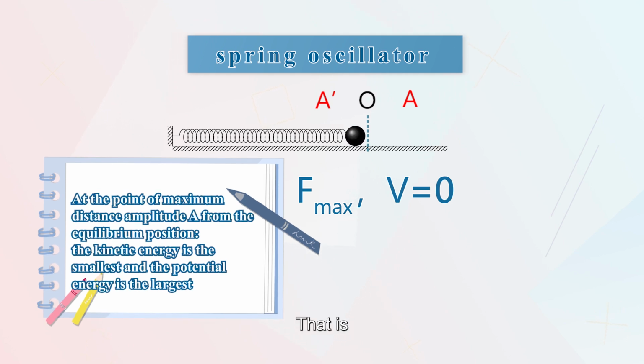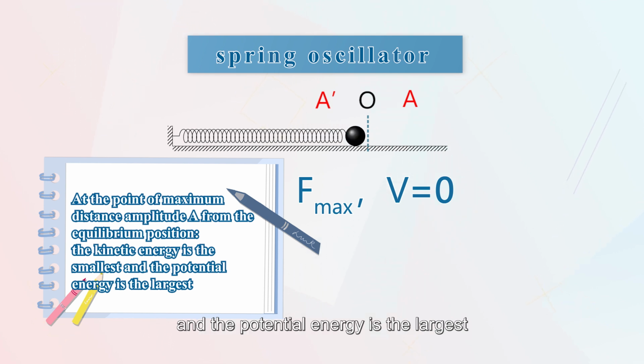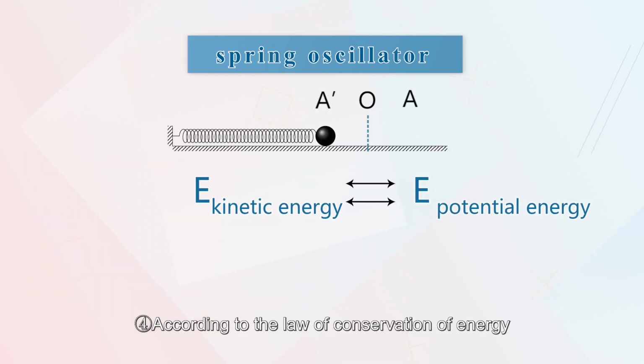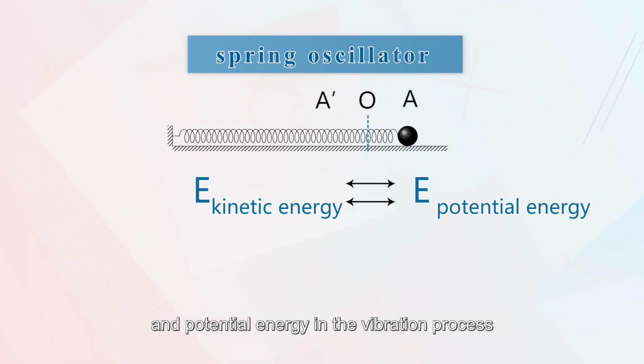That is, the kinetic energy is the smallest and the potential energy is the largest. 4. According to the law of conservation of energy, there is mutual conversion between kinetic energy and potential energy in the vibration process.